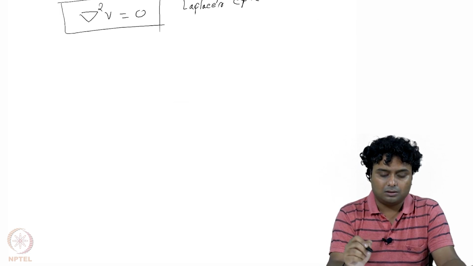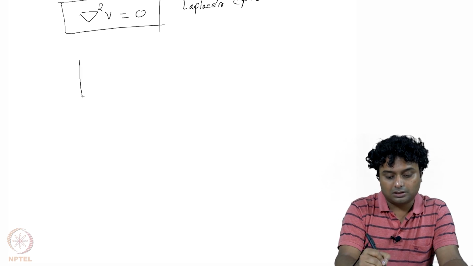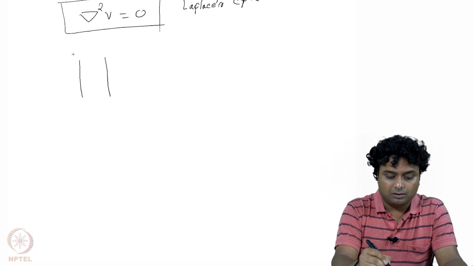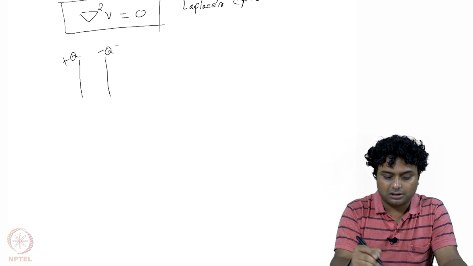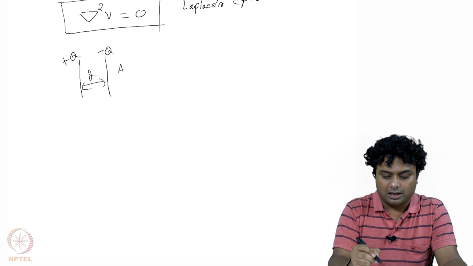We will now discuss one more concept on the parallel plate capacitor. Let us say this is the capacitor as I was discussing, and you have a charge of plus Q and minus Q on this capacitor, and the area of both the plates is A and the distance between them is D, right.